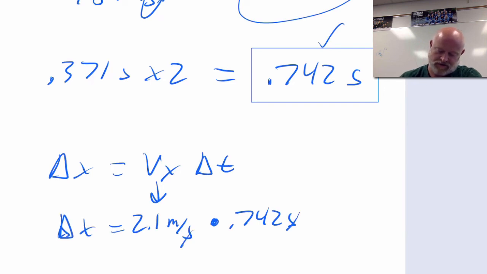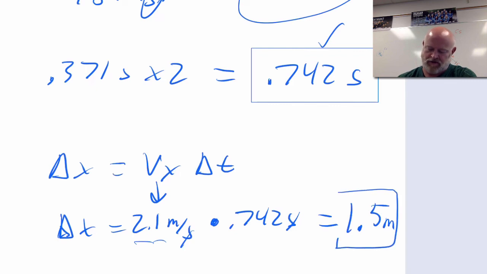So delta x equals this, which would equal 1.5 meters. Okay, it's like 1.48 something, something, something. But because I only have 2 sig figs here, I'm going to leave it at 2 sig figs. Okay. So we end up with 1.5 meters as my delta x in this case.